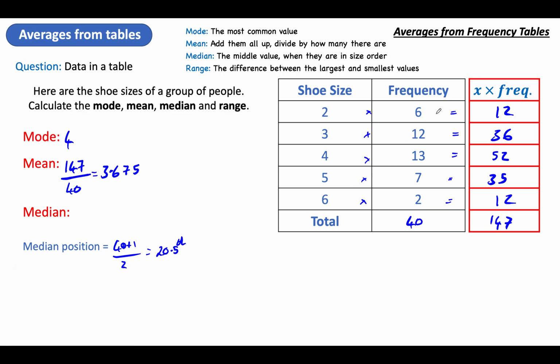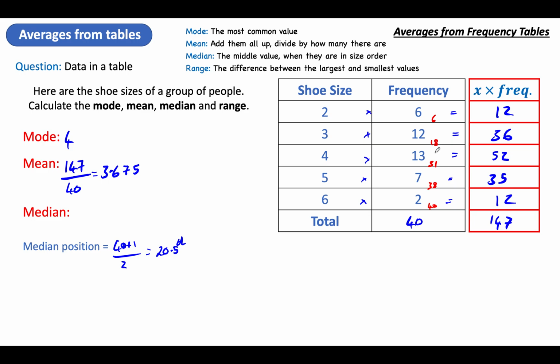Let's do the cumulative frequency. There are 6 people there. Then we've got 12 more people. That makes 18. Then we need 13 more people. That makes 31. And then 7 more makes 38. 2 more makes 40. So where is the person we're after? We're after the one that's halfway between the 20th and the 21st. Well, that might sound tricky, but look, the 18 people come up to here.